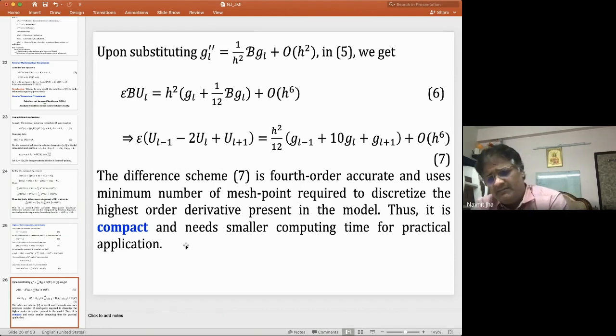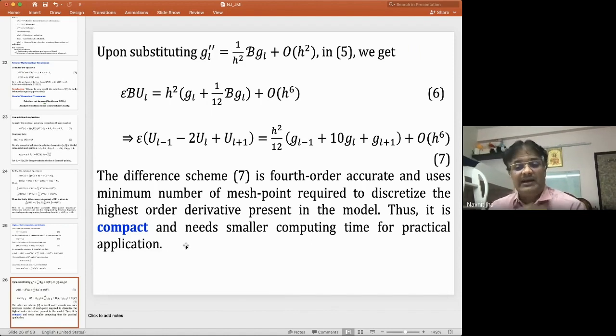Here it is a one dimensional problem. In the same way, if we proceed to two dimensions, suppose that we have a Poisson equation, del 2u by del x square plus del 2u by del y square equal to a function of x comma y. We have a domain like a square, 0 to 1 and 0 to 1, with x and y varying. In that case, I will take 3 points on the x line and 3 points on the y line.